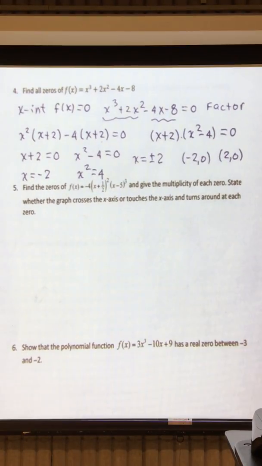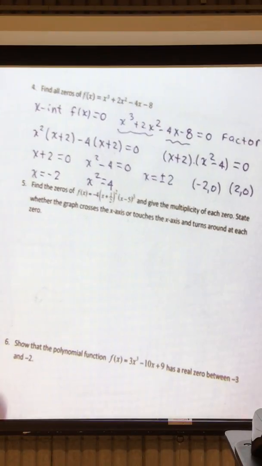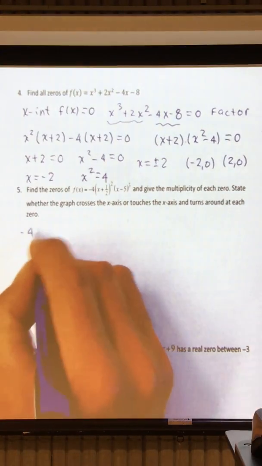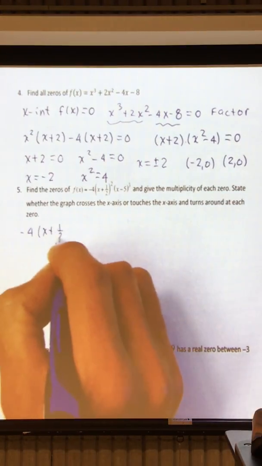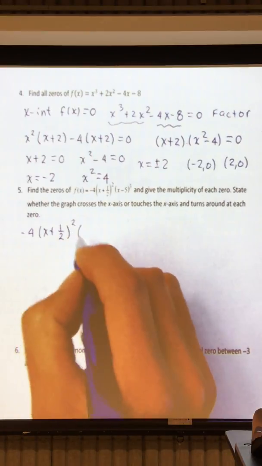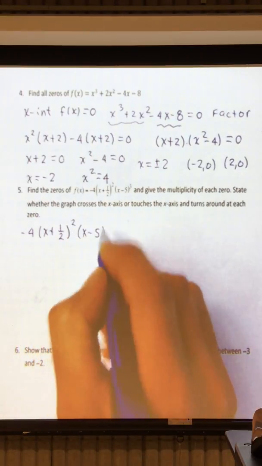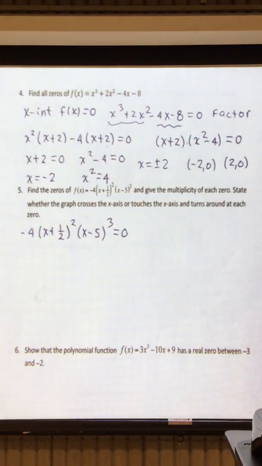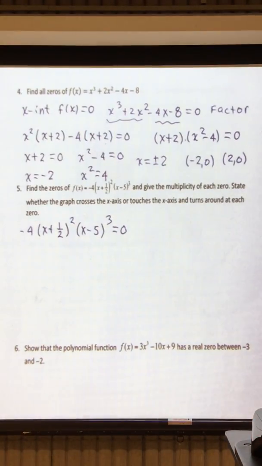Problem 5. Find the zeros of the given function and give the multiplicity, meaning how many times those zeros occur. So we'll take the function as it is, and we'll set that equal to 0 and attempt to find the x-intercepts. Our function's already factored, so we need to work on the solution.